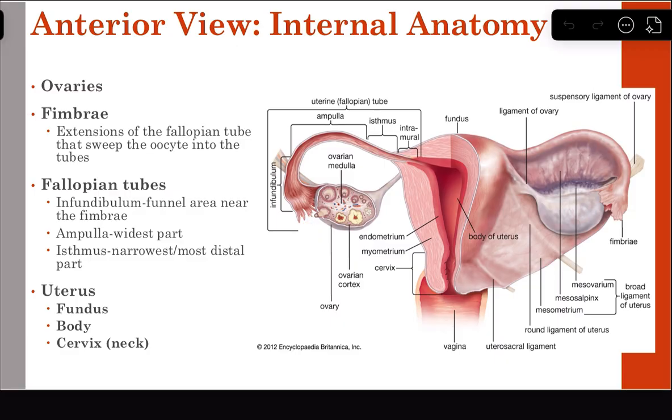And it's actually going to be the waving fimbriae, these finger-like projections, with the waving, flagella-like motion of the fimbriae of the uterine tubes, that are going to create fluid currents that, if successful, are going to draw the egg into the lumen of the fallopian tube, right? So they're not actually connected, but the flapping and the waving of these fimbriae are going to make a current that brings the ovulated egg into the fallopian tube, okay?